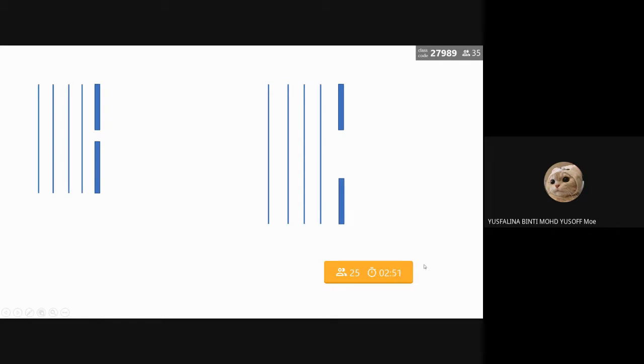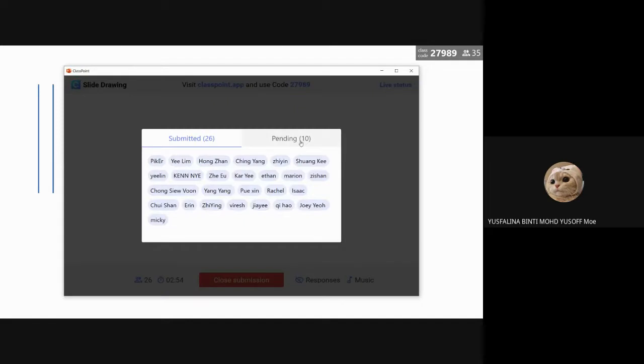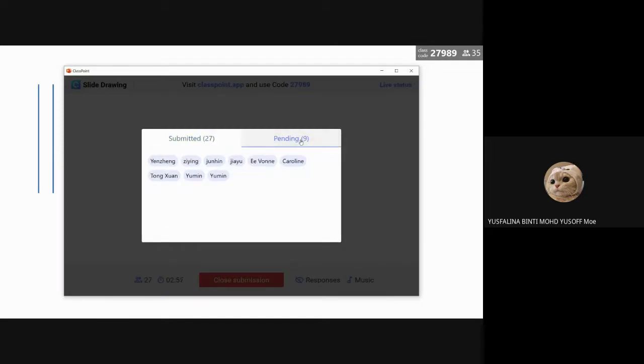Okay, 10 more students: Jensen, Ziying, Shunhin, Jayu, Yvonne, Caroline, Tongzun, Yumin.